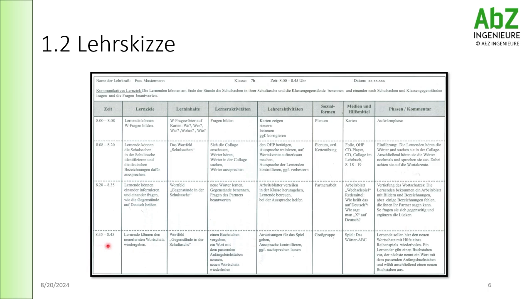In the last 10 minutes, the students are going to now repeat whatever they have learnt, the new words, and they will be able to recollect from the memory and say it out when the teacher asks for it. The topic is still the same, Schulsachen und Schultasche. So learner activities, you say one letter and then they will give the word. This is a game. So the teacher gives tips, controls the pronunciation, Betonung, etc. This is a Großgruppenarbeit.